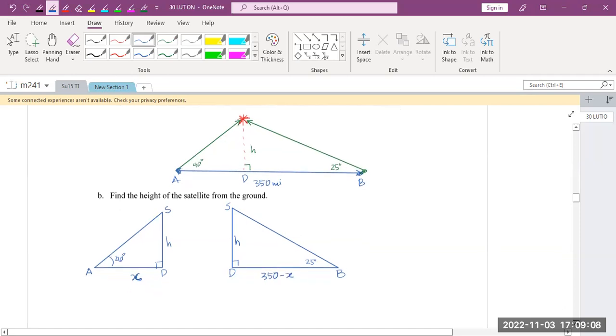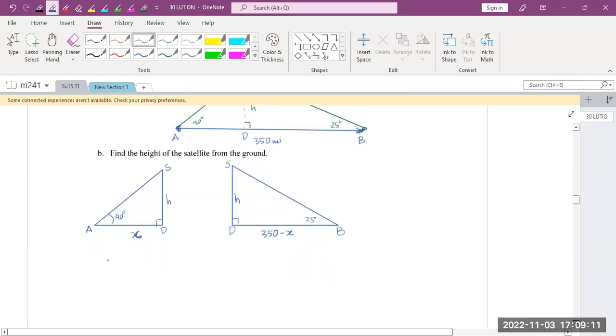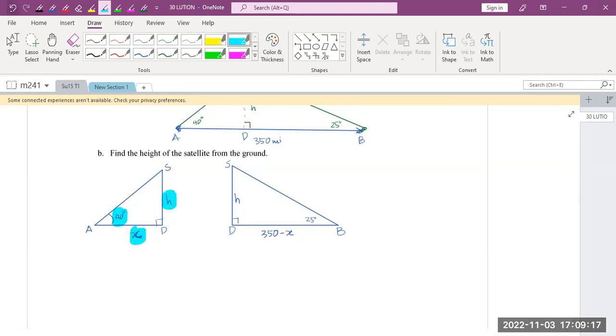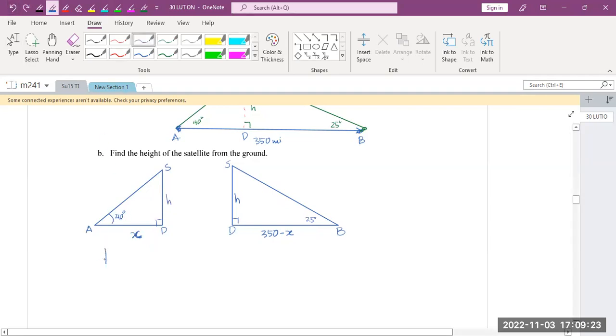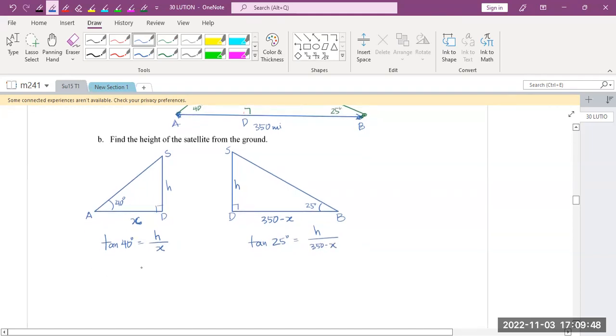Okay, now let's set it up. The first triangle on the left, the trig function that relates the height, the X, and 40 is tangent. So tangent 40 degrees equals the height over X. On the right-hand triangle, we have tangent 25 degrees equals the height over 350 minus X. Multiply both sides, solve for H, the height.